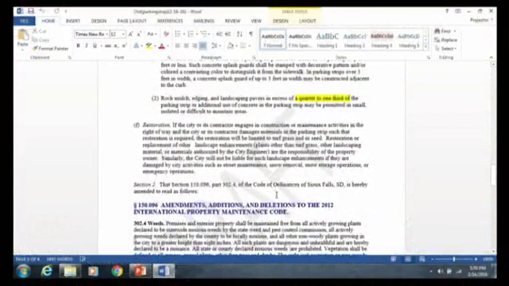In a nutshell, if the city or any contractor is going to be doing any kind of work along your street or your parking strip, we're going to do our best to notify you through mailings, door hangers, or letters. We're going to do our best to get the word out.